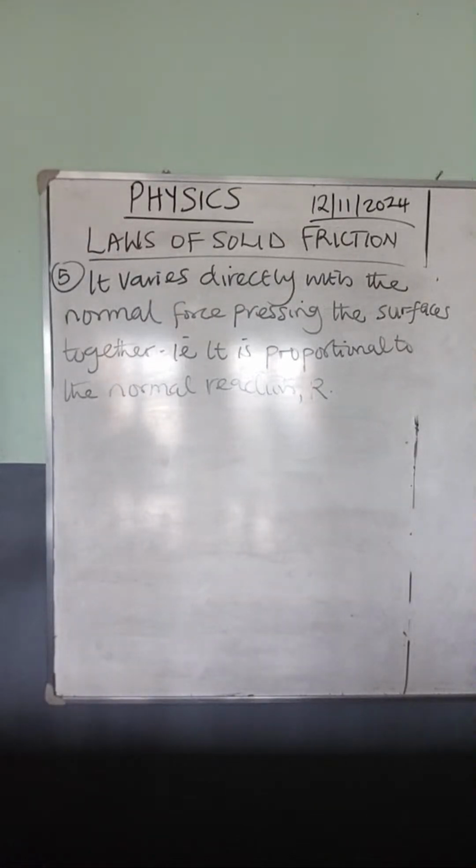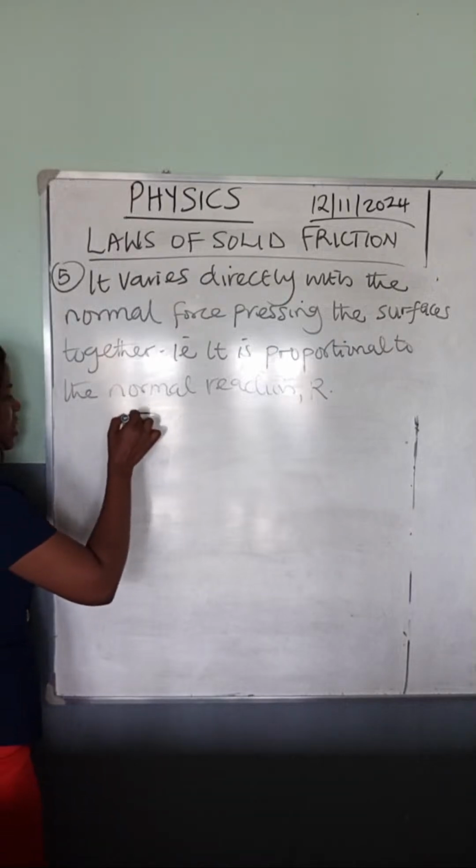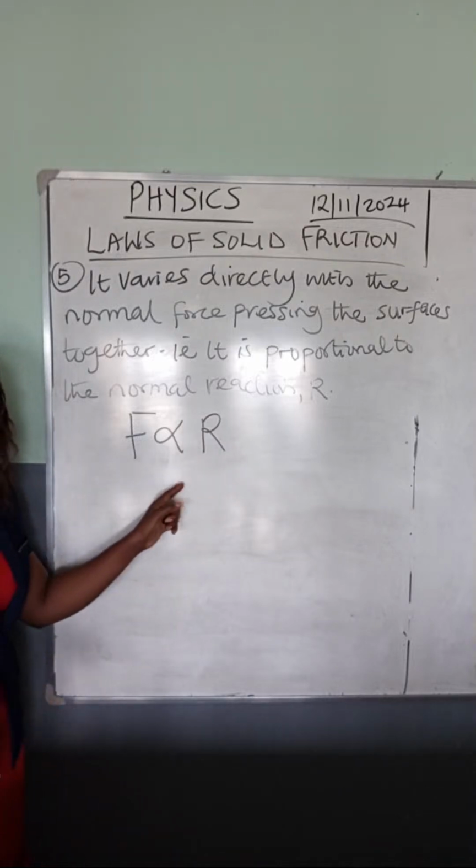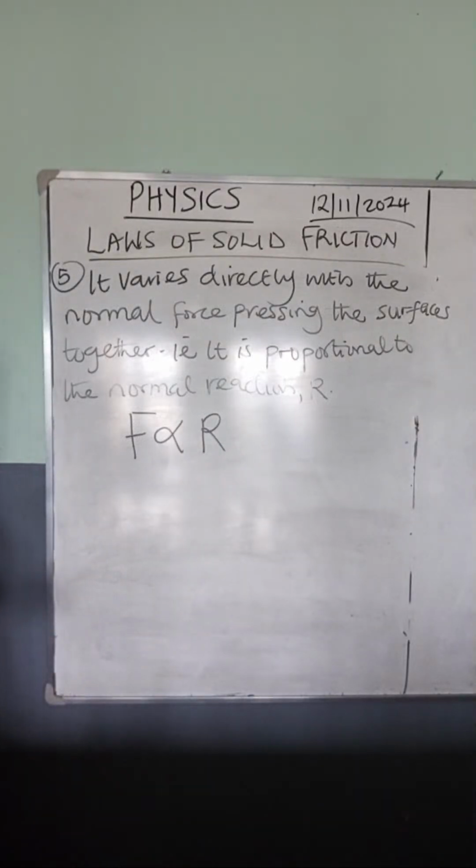Okay, now no noise. It varies directly with the normal reaction pressing the surfaces together. That is, the frictional force F is proportional to the normal reaction R. And what is the reaction force? The reaction force is equal to the weight.